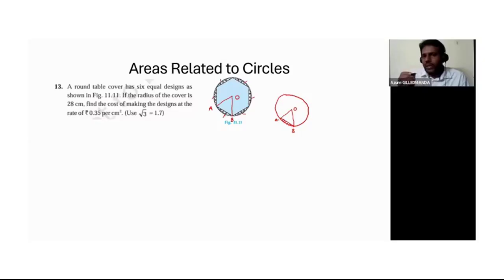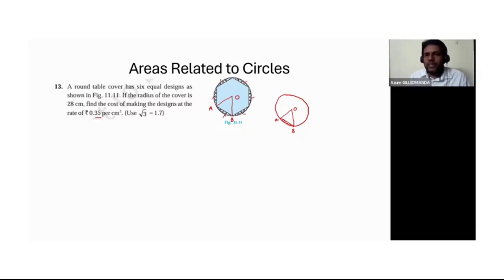So I'll get one design's area. I have 6 such designs, so I'll multiply by 6 to get the total area that needs to be designed. The rate is given per centimeter square, so we need to use 0.35 rupees for the design. Then we can calculate the total cost.